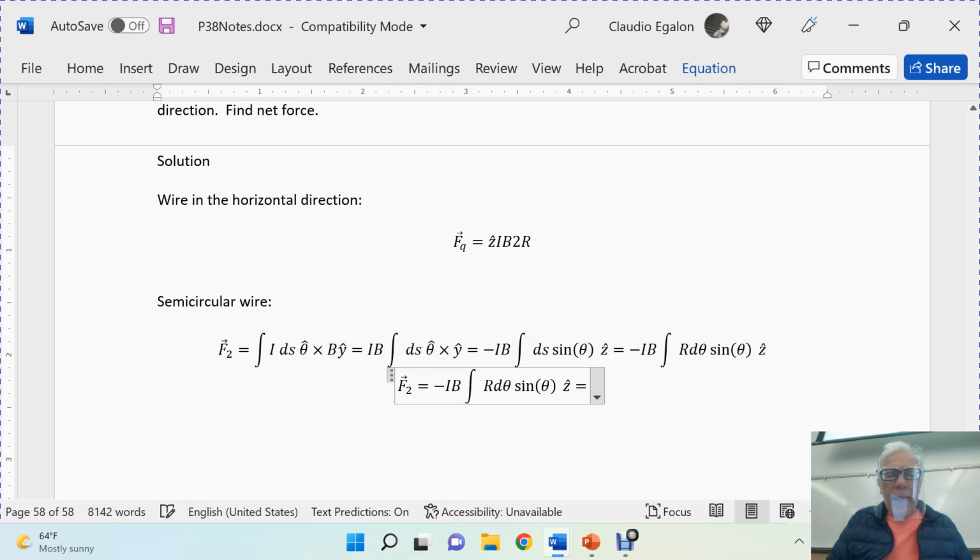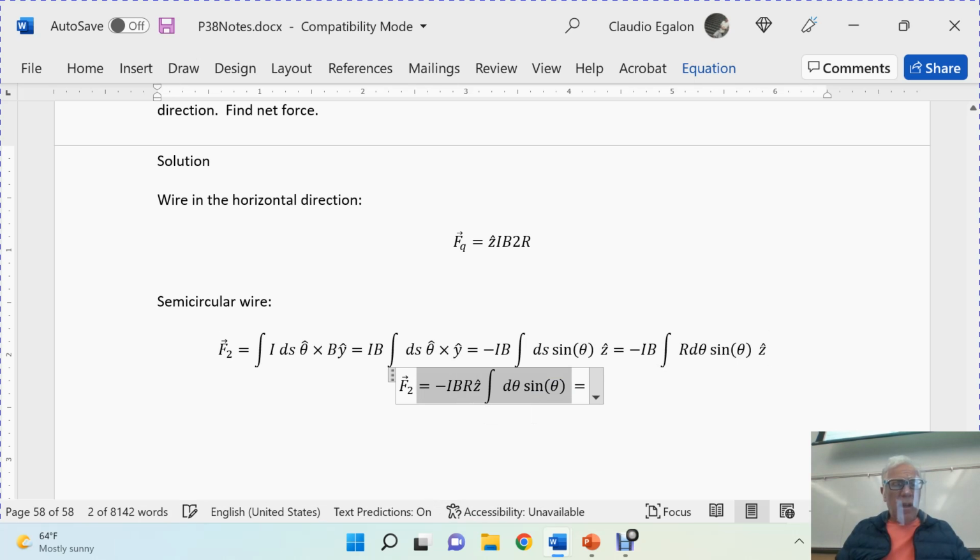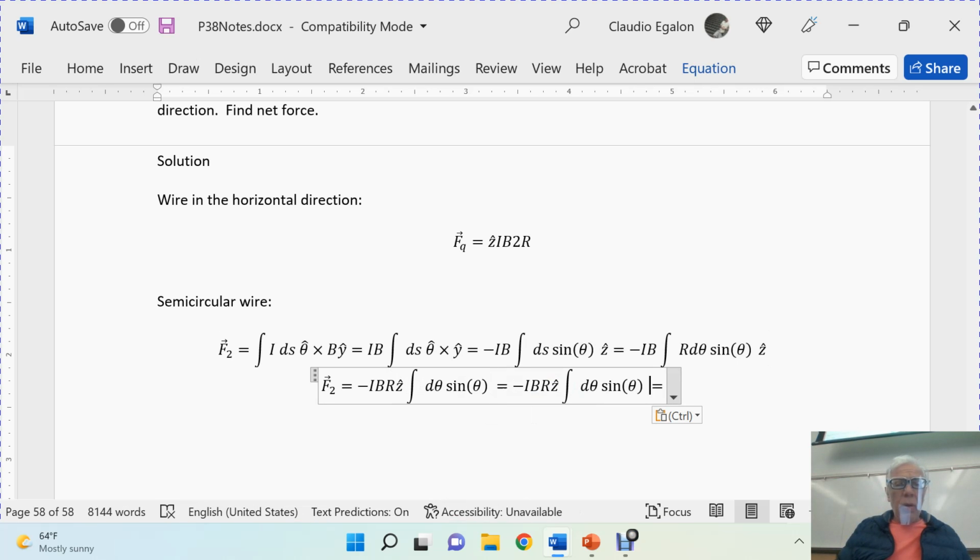Let's see what we get. 0 to pi. R can go outside. The z hat can go outside as well because it's a constant vector. You will get a minus cosine for the integral, and the sine cancels out.